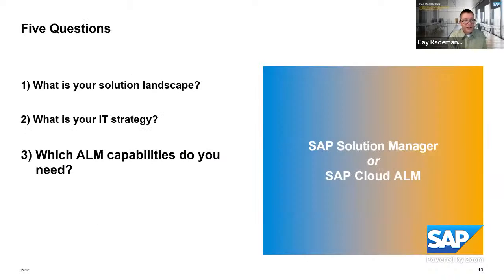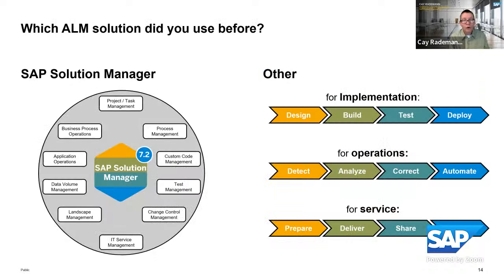The next question then is, which ALM capabilities do you need? And yeah, this is a good question. Of course, you need everything, but do you really want to invest in everything? And here the good thing is to ask yourself, how am I doing my application lifecycle management so far?